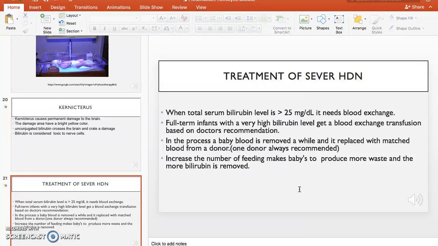When the total serum bilirubin level is greater than 25 milligram per deciliter, it needs blood exchange. When it goes way too far, we have to do the blood exchange. This is always on the recommendation of the doctor, and it needs the doctor's follow-up. One donor is highly recommended for the blood exchange, and continuing to feed the baby helps the treatment.